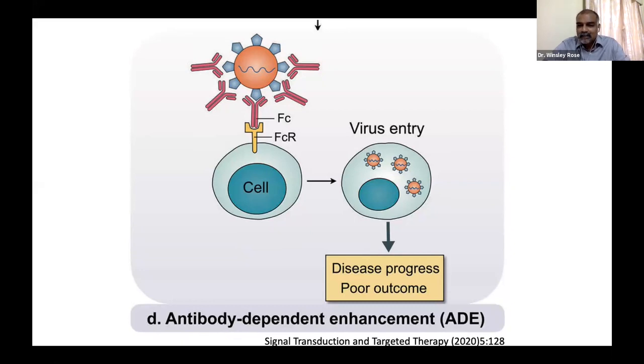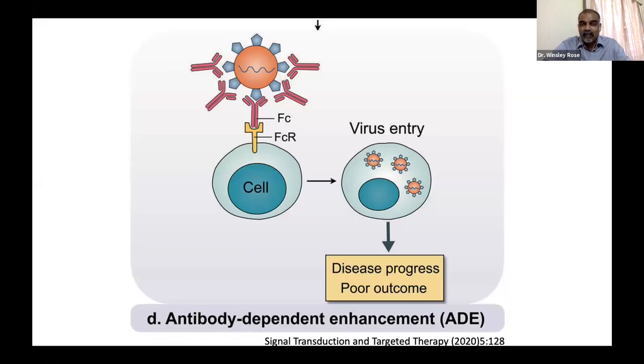Now, there is this theory proposed that if you have partial immunity to coronavirus, when the infection happens, there is an increased propensity of entry of the virus into the host cell, causing increased pathogenicity, leading to poor outcome and increased disease progression.